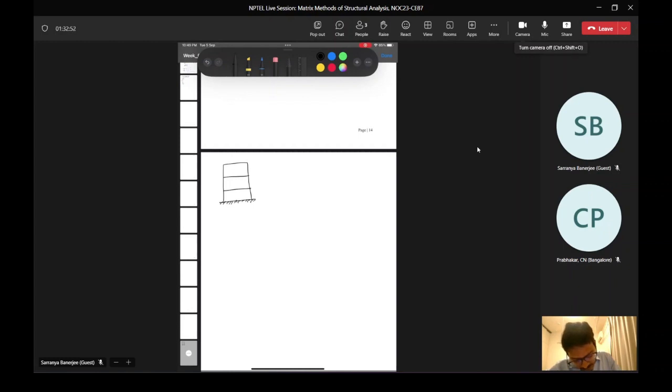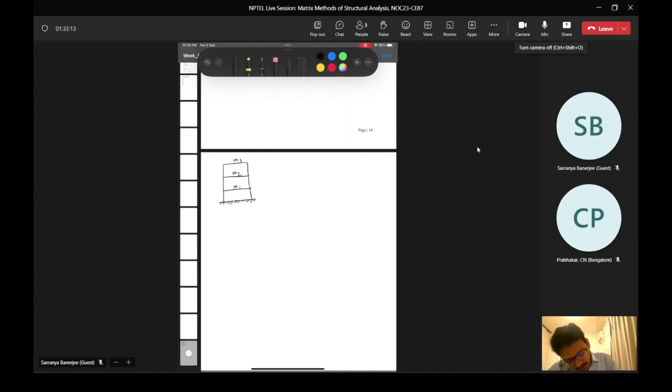Say you have a multi-storied building structure, with m1, m2, m3. These represent the masses lumped at the three story levels. Why are the masses lumped at the story levels? Because there you have the maximum mass, like the slabs and beams and everything.